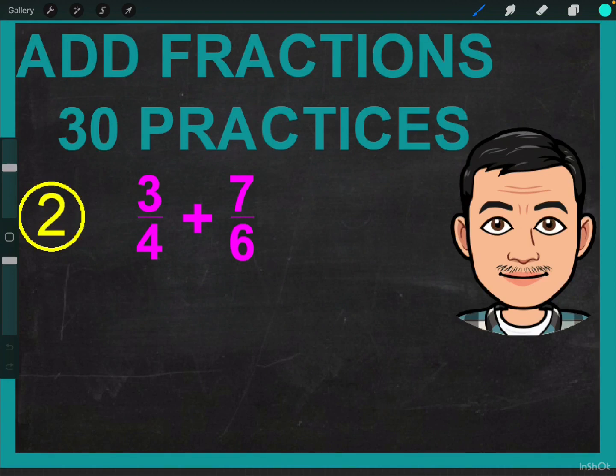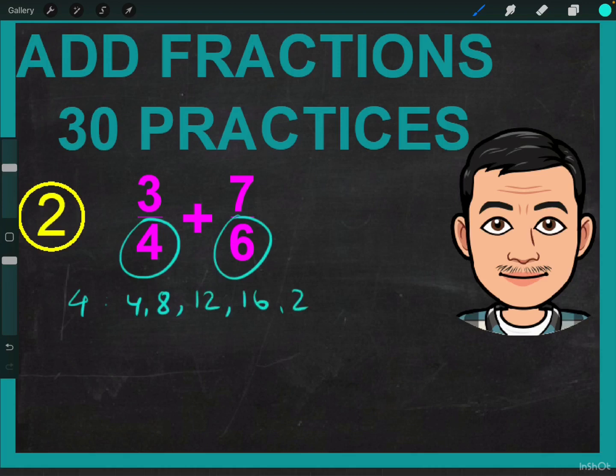This is practice number 2. First we pay attention to the denominators 4 and 6. We will find the common multiple of 4 and 6. For 4 we have 4, 8, 12, 16, 20, 24.